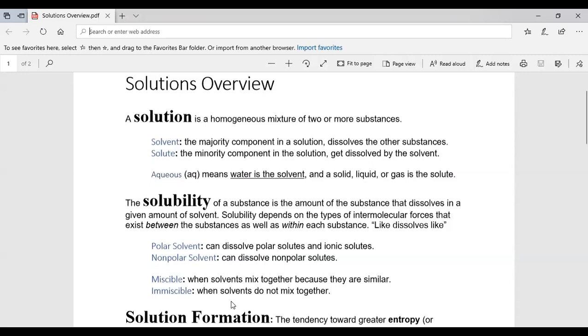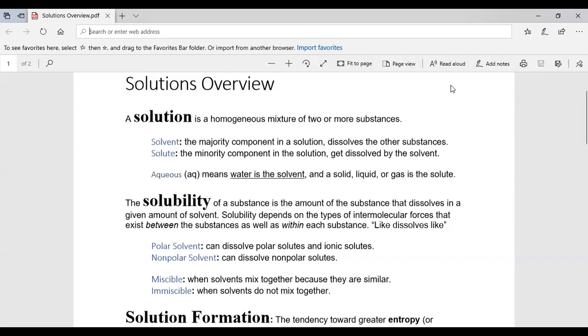That's when solvents are not mixable, that they do not mix together. So solvents that are similar, like water and alcohol, would be miscible, that they do mix together, whereas solvents that are different, like oil and water, would be immiscible, that they do not mix together.